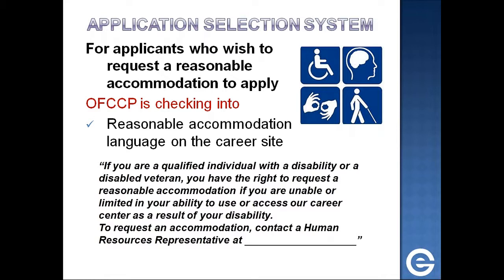So this notice needs to have an email and a phone number attached to it, and it needs to be monitored by someone. If you're a very large company, you're going to need somebody that will monitor that for individuals with disabilities, because if it's on a career website and you're an international company, I'm sure that other countries will be fine with this, but who's going to monitor that phone number and email? And that particular area has been a little bit problematic for some of the larger companies.